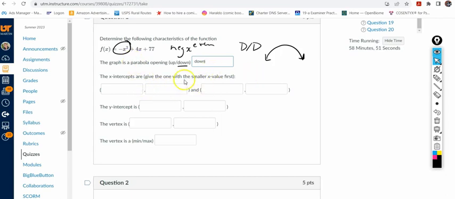And then what are the x-intercepts? Okay. If I'm going to find the x-intercepts, then I need to set this equal to 0. So instead of f of x, I'm going to replace that with 0.